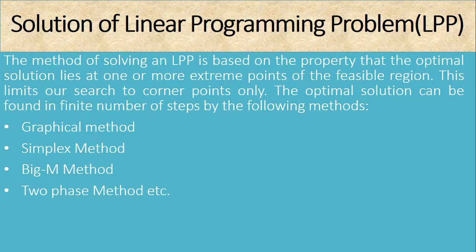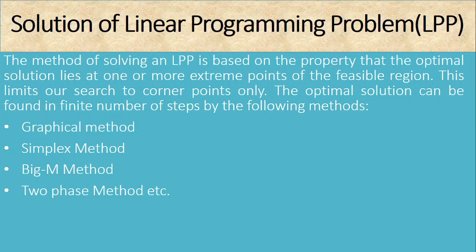Now, what is the feasible region? The feasible region is the solution space of the given problem where all the constraints and the non-negativity restriction are satisfied. So, therefore, we look for such an extreme point where the objective function has the optimal value.